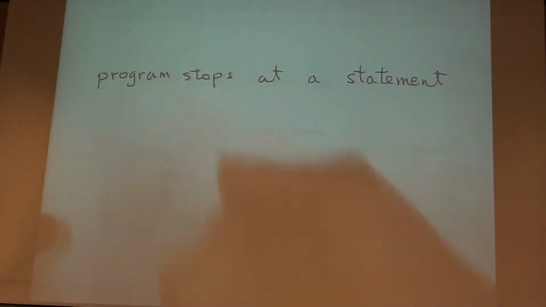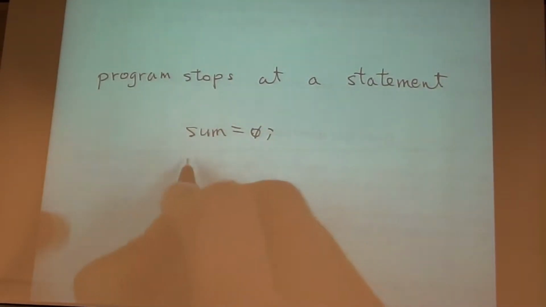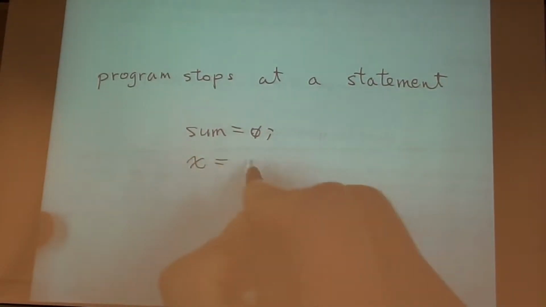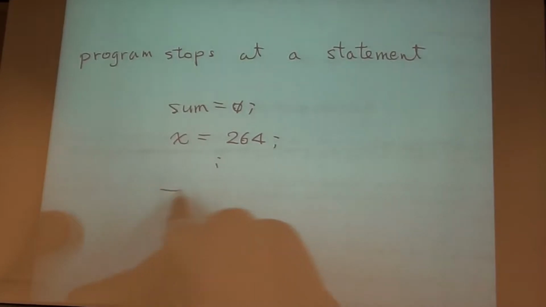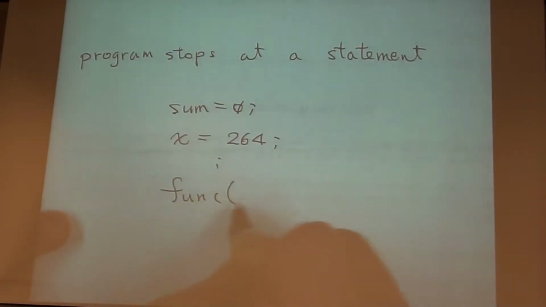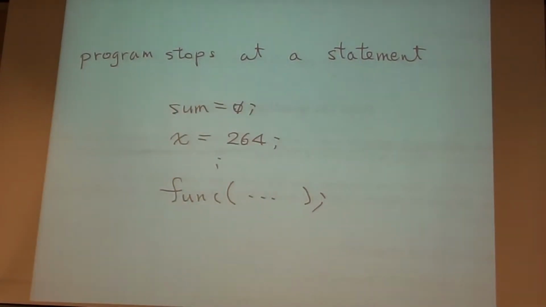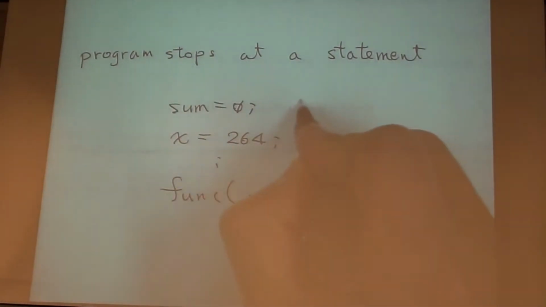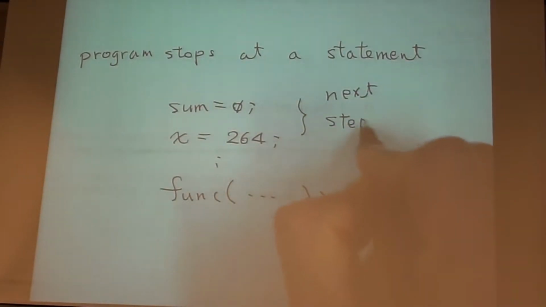The statement is something like sum equal to 0, or x is 264, something like that. That will be a statement. A statement can be a function call. So if it's just one line assigning things, in this case, next and step will be the same.